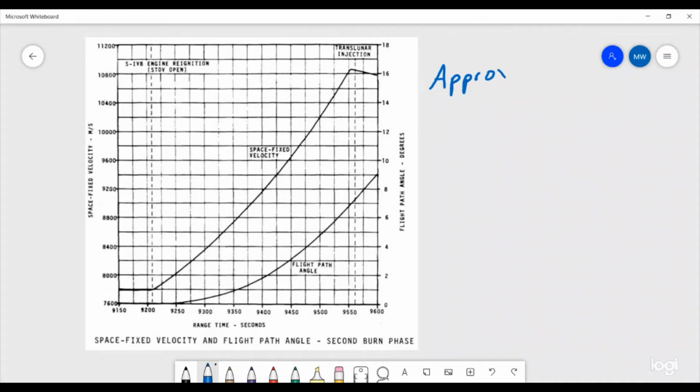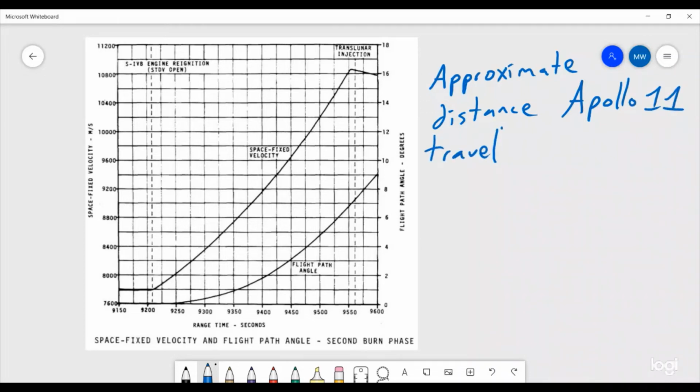Approximate the distance that Apollo 11 traveled in the entire second burn phase.